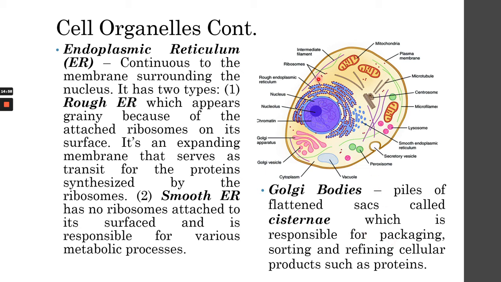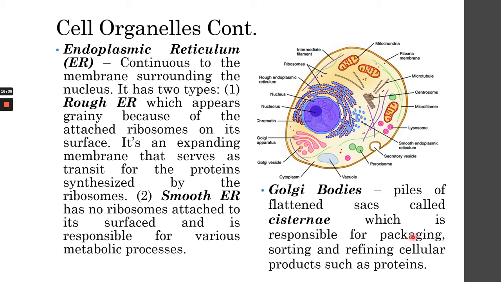So after i-create nung ribosomes, yung long chain na yon, yung endoplasmic reticulum, transport niya sa Golgi complex or sa Golgi bodies. Ang ginagawa ngayon ng Golgi bodies is it refines it by being responsible in folding the proteins. And we need to fold the proteins to give the proteins its functions like I mentioned earlier. So yun yung isang ginagawa ng Golgi apparatus or Golgi bodies. So it refines the proteins by folding it.